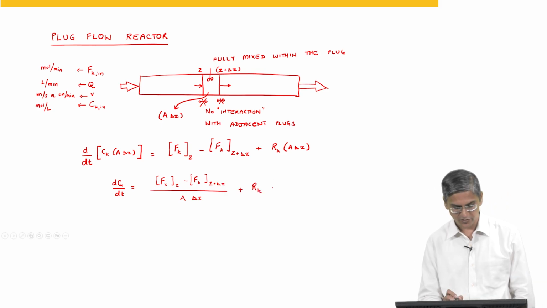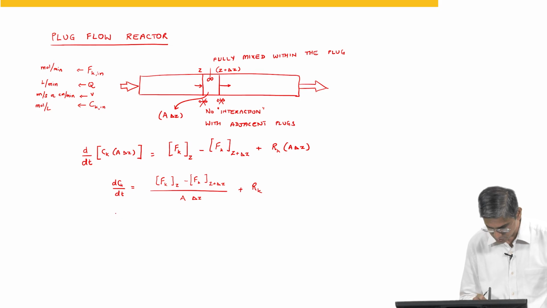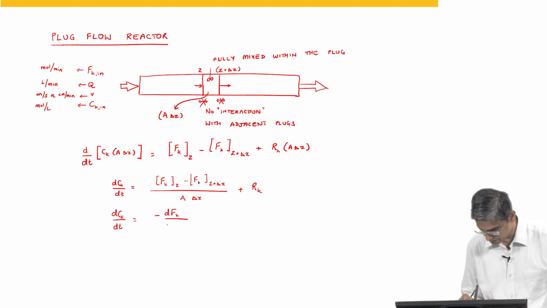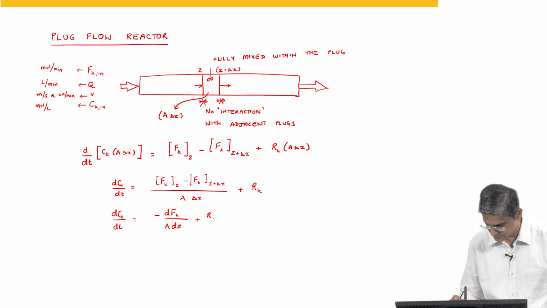Okay, and if you take the limit as delta Z tends to 0, you will get dCk by dt equal to negative dFk by A dZ plus Rk.